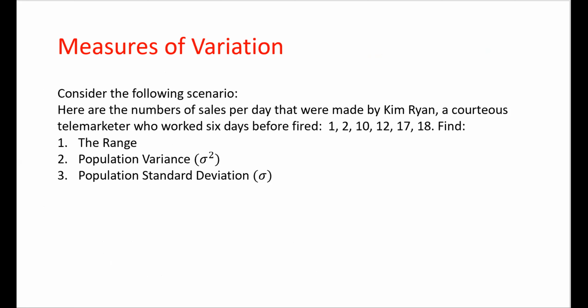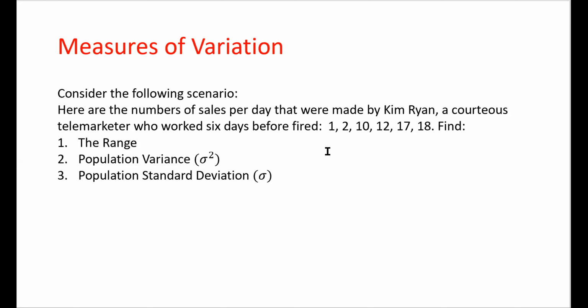All right. So right now, let's take a look at the given 6 values. Let's read the story. It says, consider the following scenario. Here are the number of sales per day that were made by Kim Ryan, a courteous telemarketer who worked 6 days before being fired.